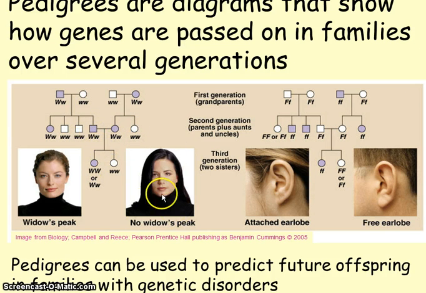So this woman is recessive; she doesn't have a widow's peak, whereas this one does. So she could be either one. Same thing over here. This one, though, is showing the recessive has the trait, so recessive for attached earlobe, and this person is not recessive.